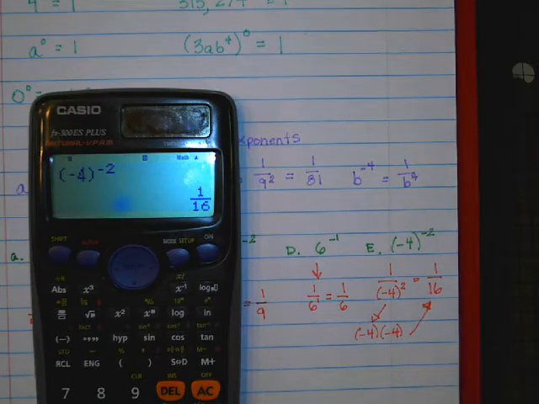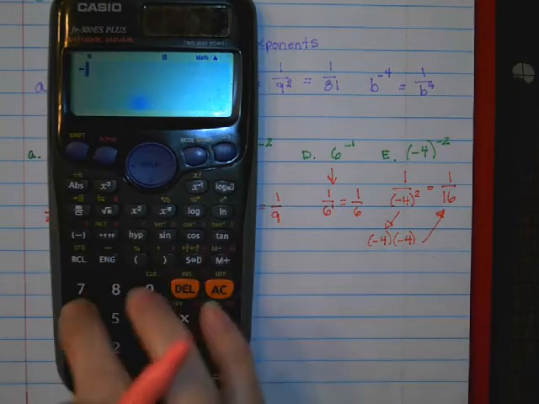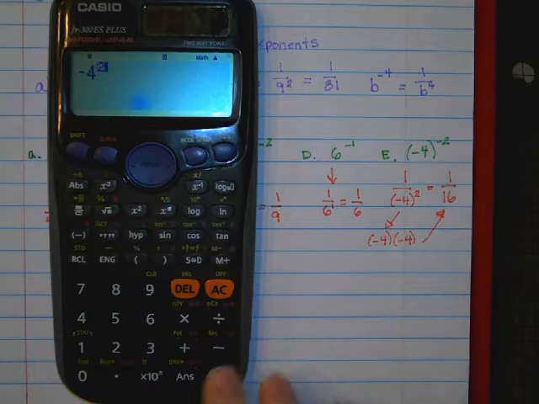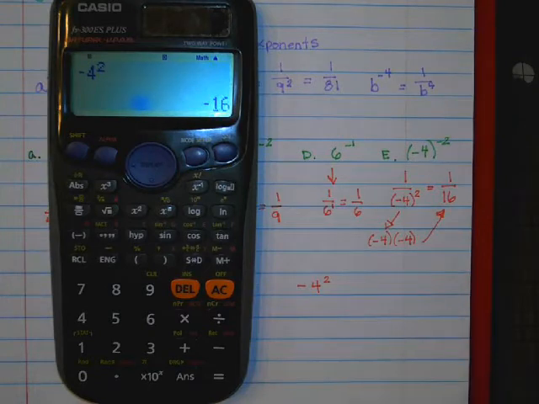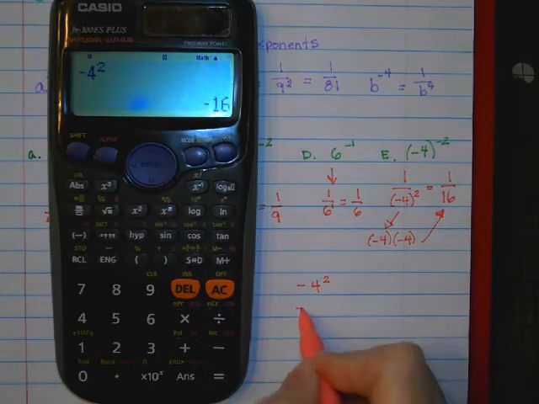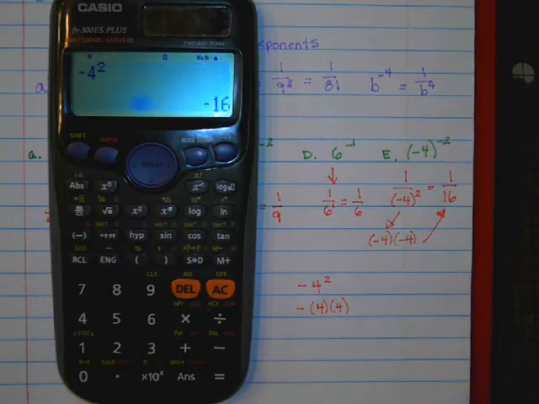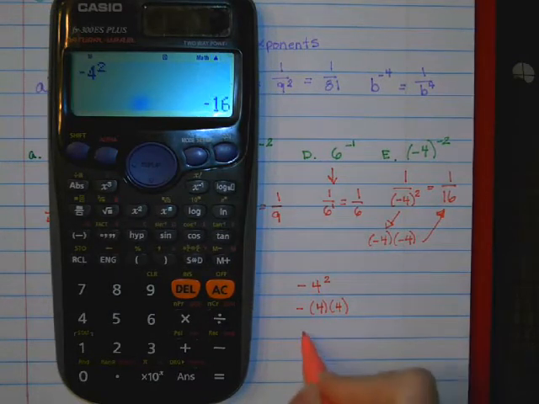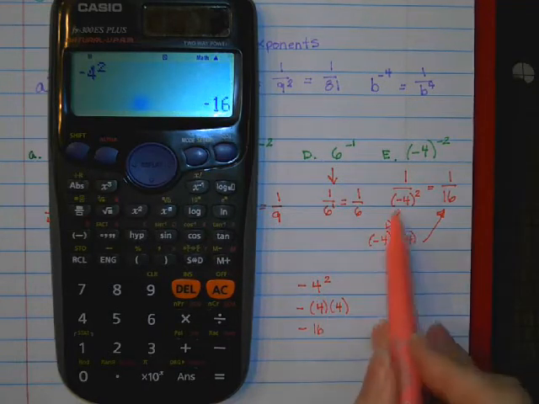But if you leave off those parentheses and you just type in -4 squared like this, you get -16, because what's happening is it's saying negative times 4 times 4. Which means I get a negative times 16, which is -16.